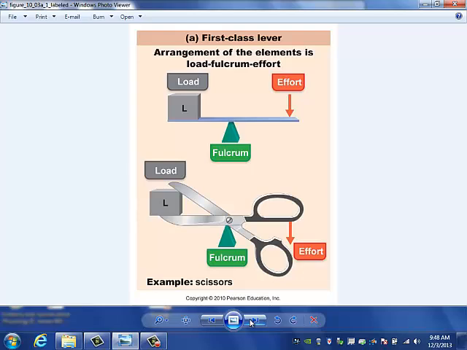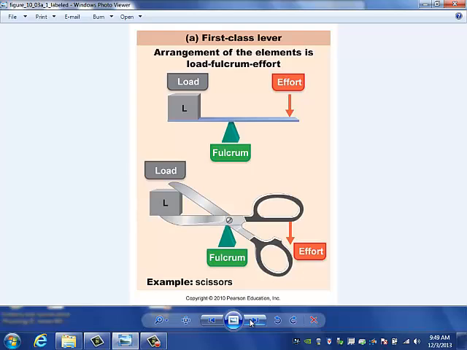What happens if a little skinny kid gets on one side and a not-so-little skinny kid gets on the other side? We can't overcome the what? The load. We're putting it nicely, yes? So the effort has to be able to overcome the load with respect to tension when we talk about muscles.